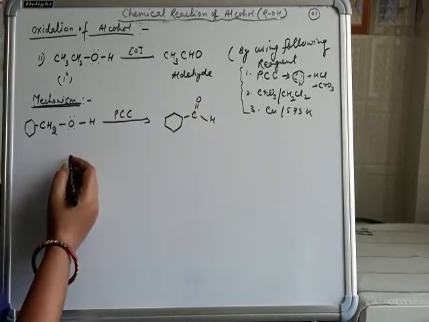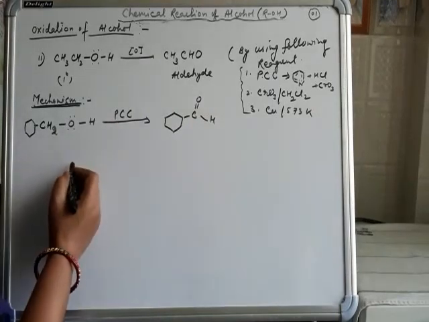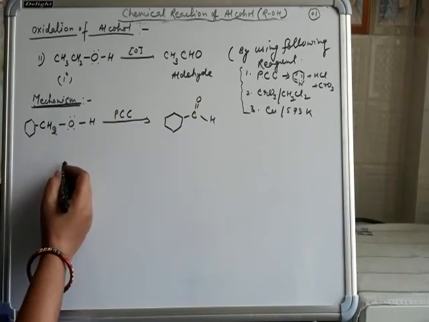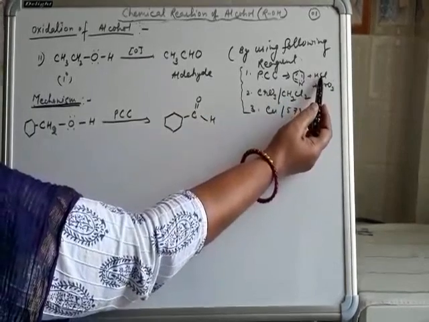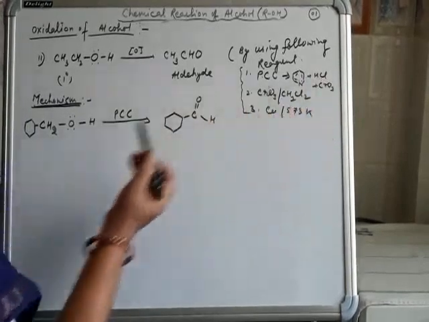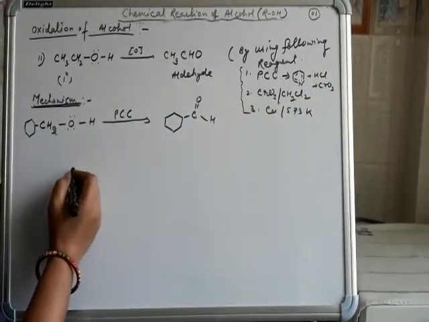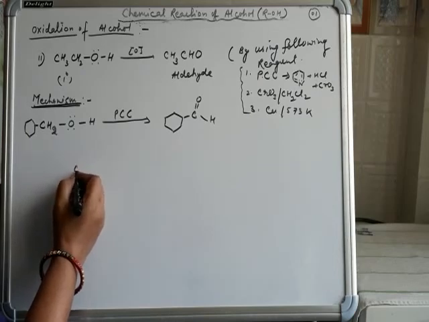Let us see. At first, the structure of PCC is like this. It is made up of pyridine, hydrochloric acid and chromium trioxide. Here is the structure of PCC. It is a complex compound.